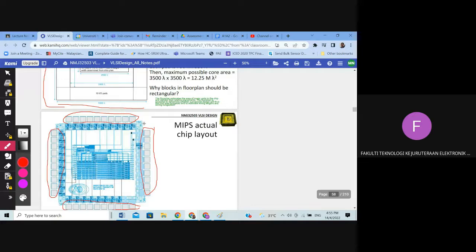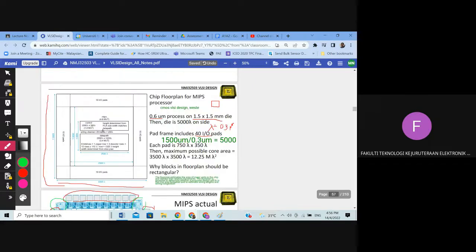Those on the corner are reserved for power and ground. That's how they do the placement or floor planning for a chip. In the middle they allocate all the logic, in this case control logic and also data path logic.